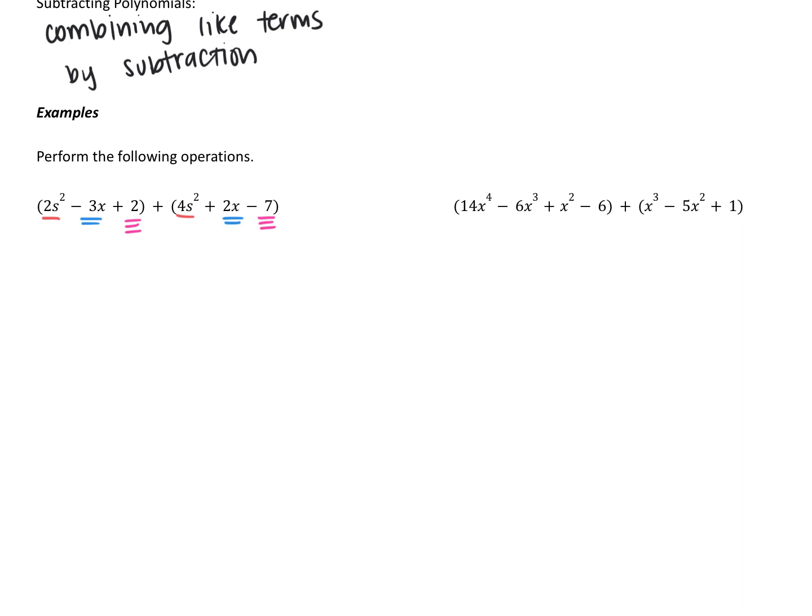And because I am adding, I can just go ahead and combine those like terms. So 2s squared plus 4s squared is going to be 6s squared. Negative 3x plus 2x is negative 1x or negative x. And then 2 plus negative 7 is negative 5. And that's going to be my most simplified answer.